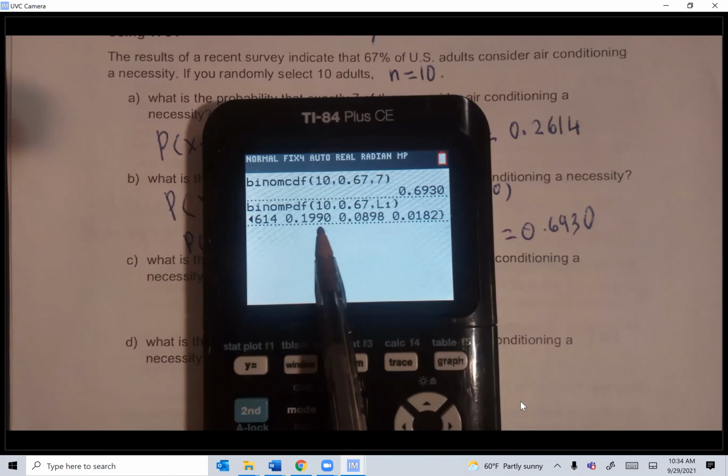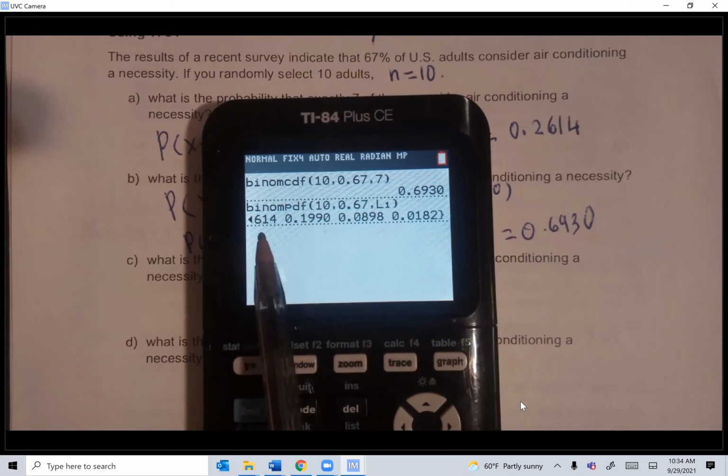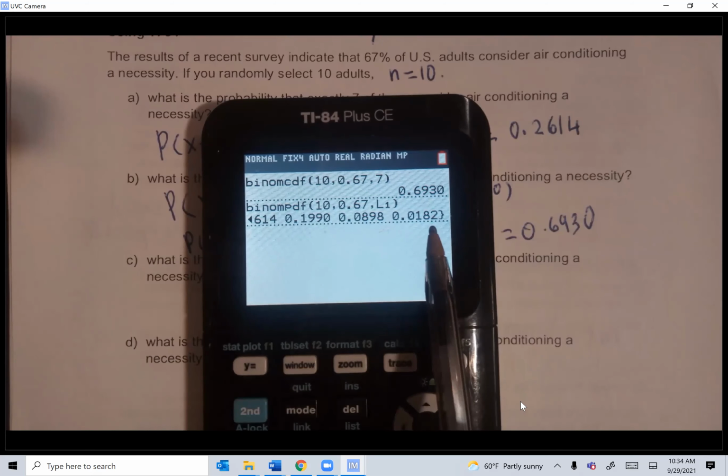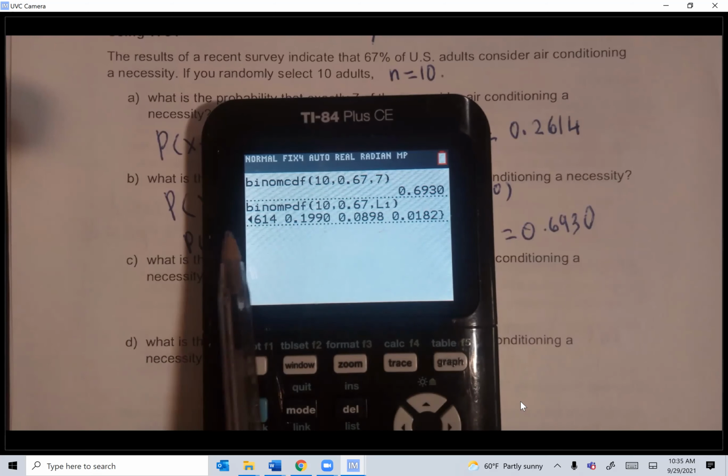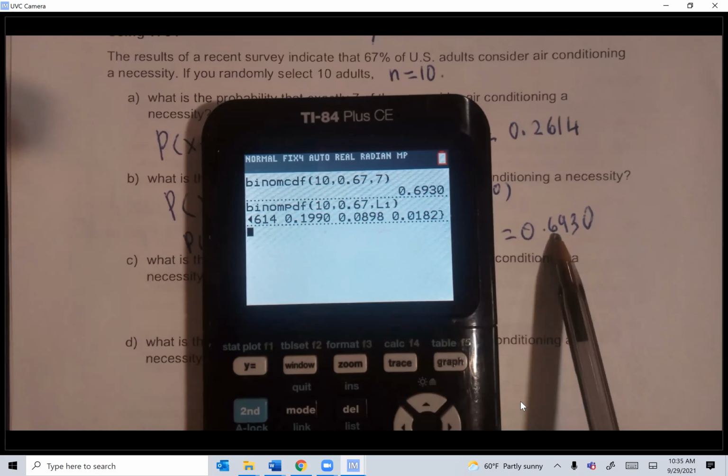This is probability of X equals 2. This is probability of X equals 3. If I add the 0, the 1, the 2, the 3, the 4, the 5, the 6, the 7 all together, guys, I must get exactly this, 0.6930. So the binomial CDF will save you time and effort, and will do it for you. And that's what binomial CDF is reserved for.